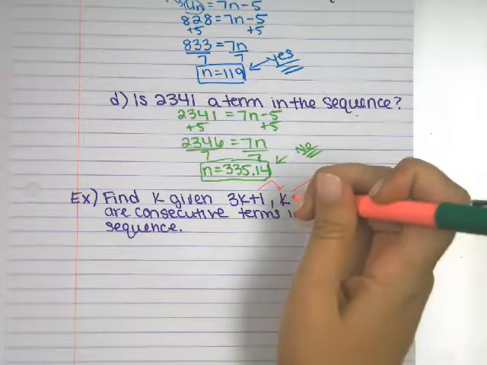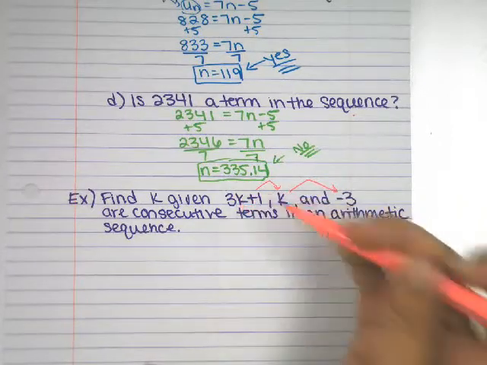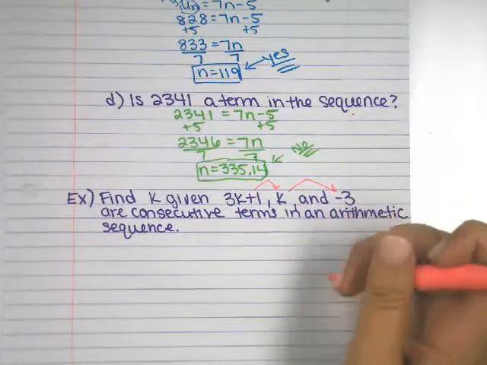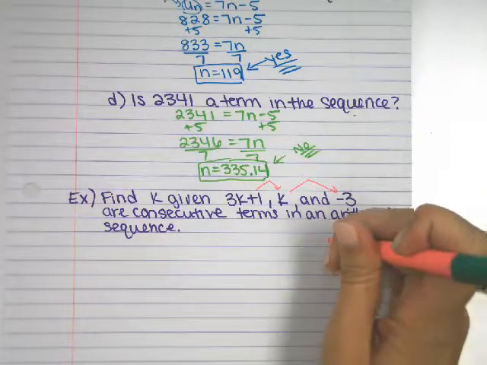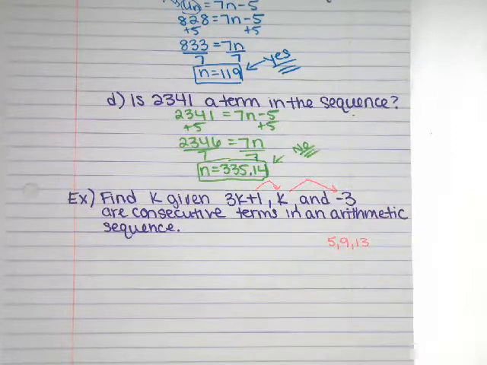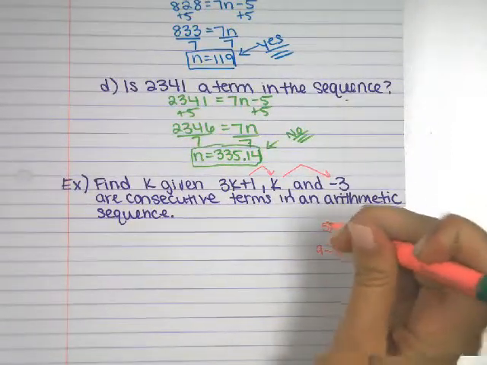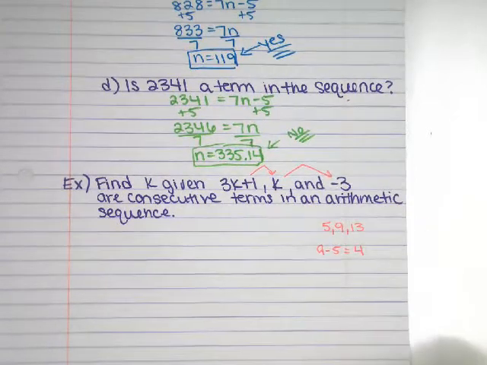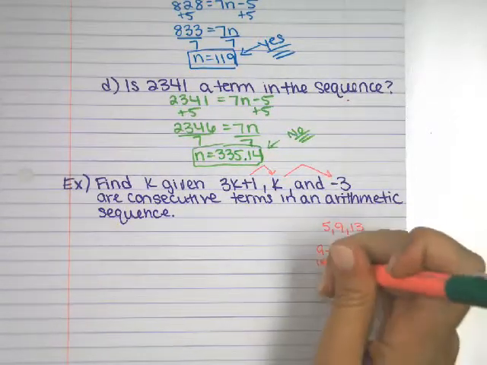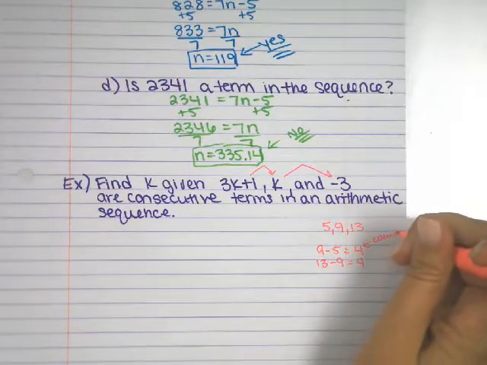In addition, if I take the middle one minus the first one, this is kind of a side example here, 5, 9, 13. If I do 9 minus 5, middle minus the first, I get 4. If I do the last minus the middle, I also get 4, which is my common difference.